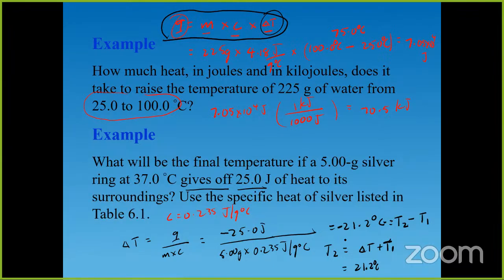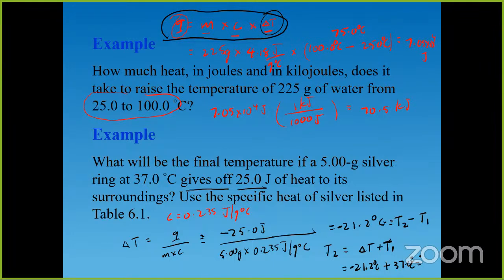So basically, it's going to be delta T, which is the minus 21.2. So minus 21.2, to which I'm going to add 21, I'm sorry, not 21, 37.0 degrees Celsius.